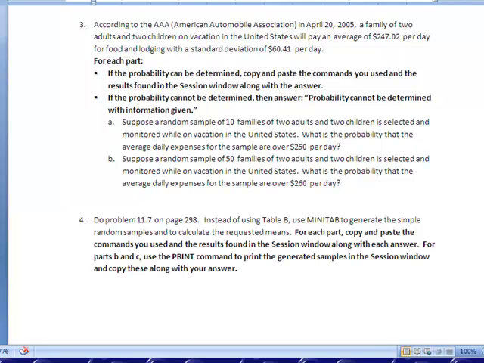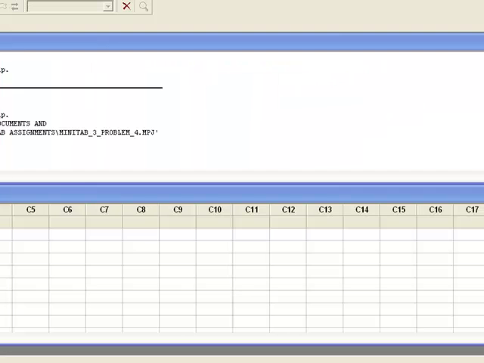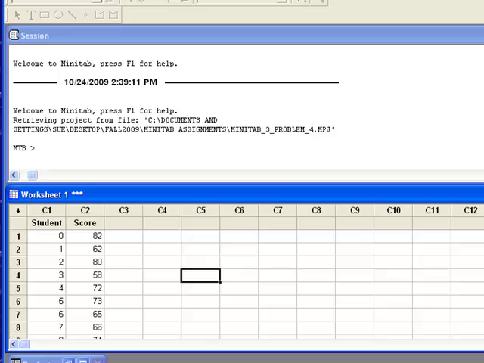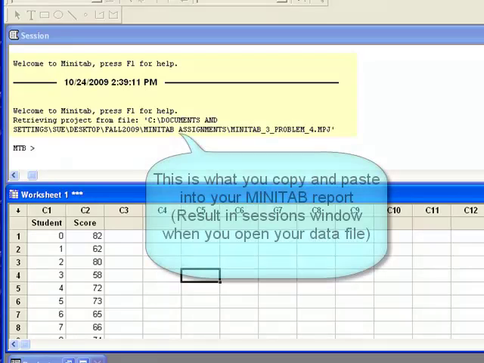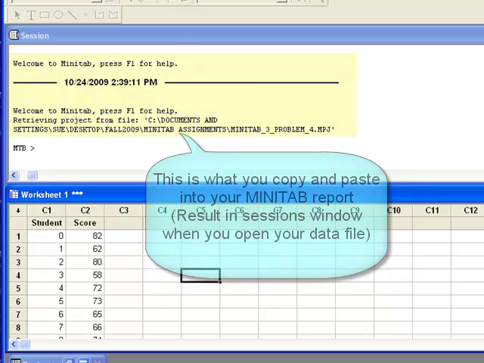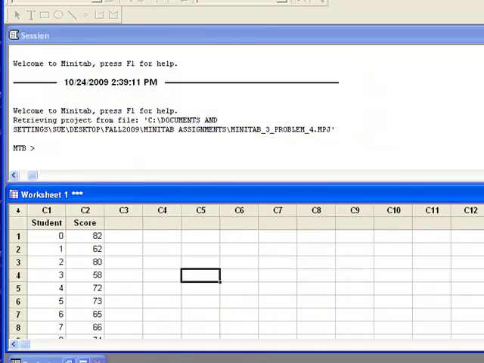So in MINITAB, we assume these student scores right here, 10 of them, are our population, and you're going to take samples. You're going to eventually get 10 samples of size 4. Then you're going to do a histogram of the means of each of those samples.